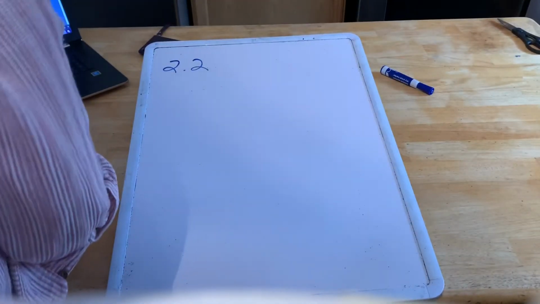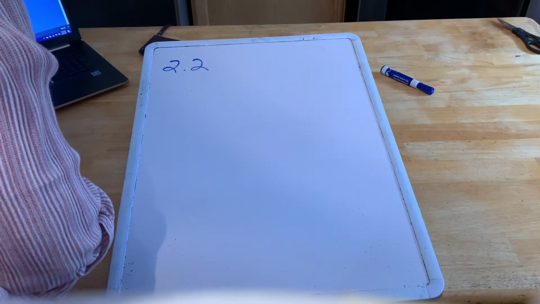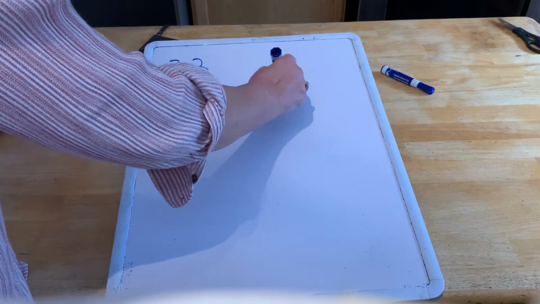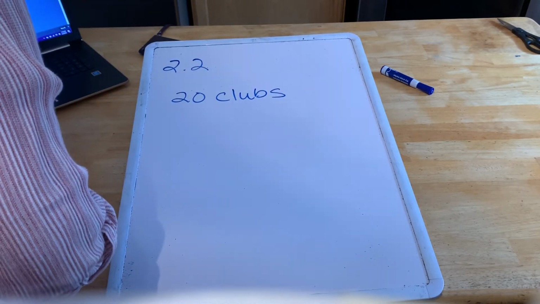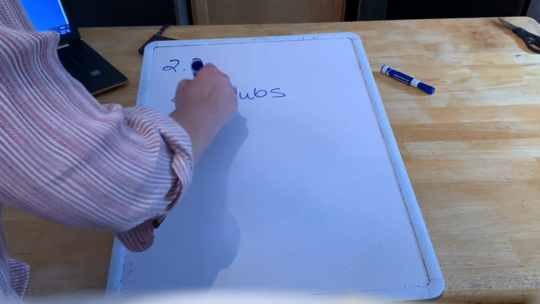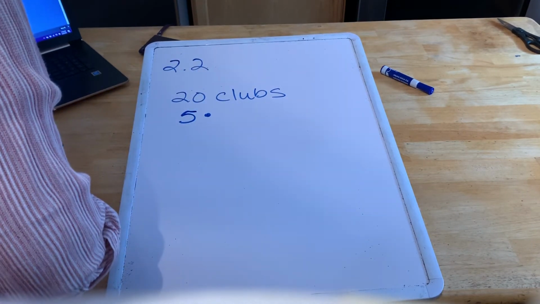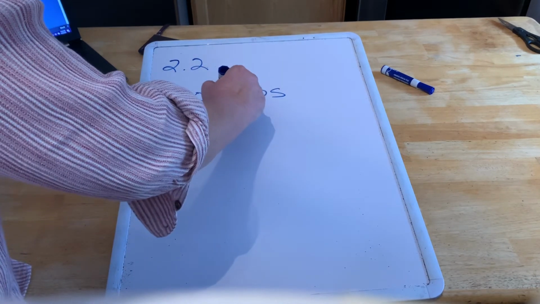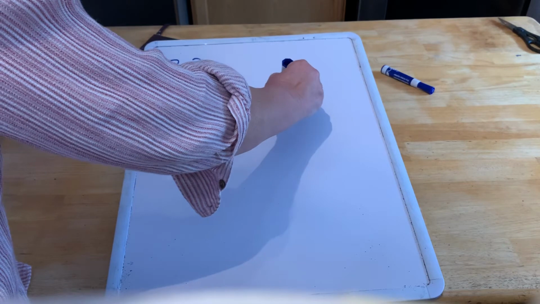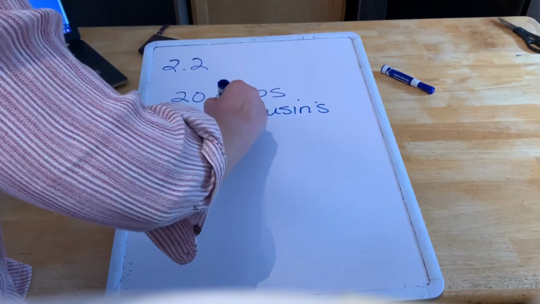All right, so this one says, Andre's school has 20 clubs. Okay, and you notice how I'm writing down the stuff that I actually know, which is 5 times as many as his cousin's school. 5 times cousin's school.